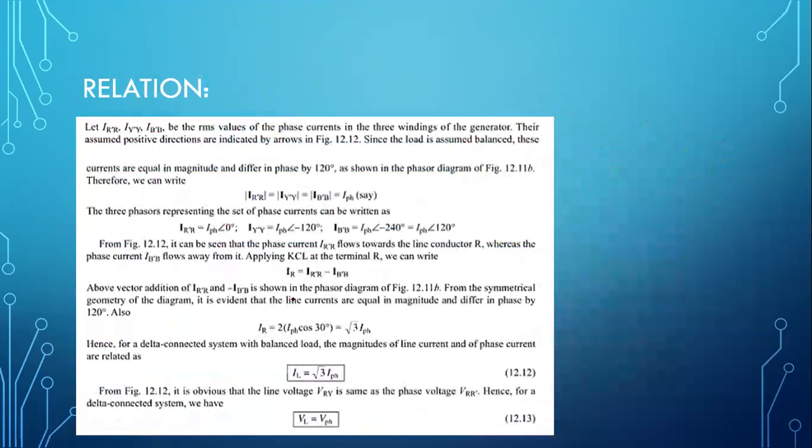The same thing they have written here by applying KCL. Two vectors, and how to add those two vectors, exactly the same thing. We'll find that the line current is nothing but root 3 times my phase current. Same concept you have to apply.